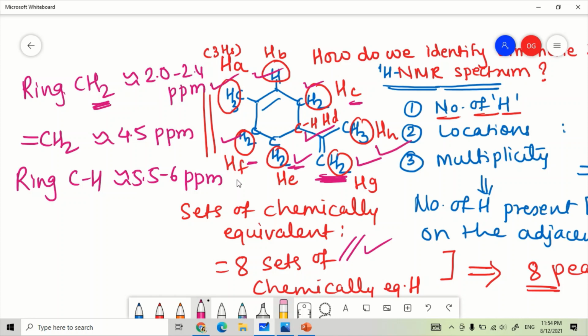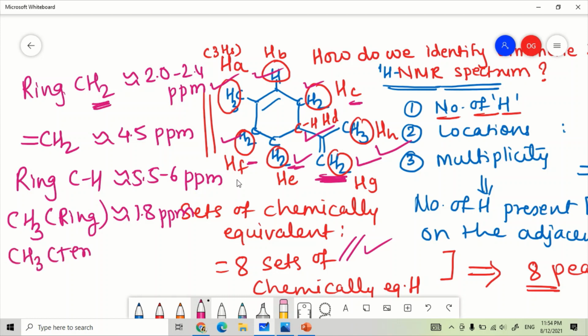This CH3, which is attached to the cyclohexene ring, appears around 1.8 ppm, whereas this terminal CH3, which is a little far from the ring but has this CH2 adjacent to it, will appear around 1.5 ppm.